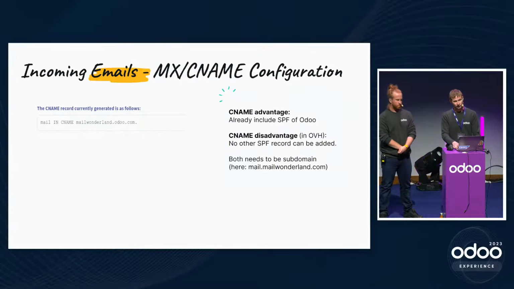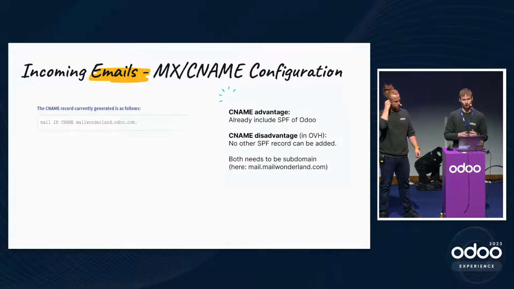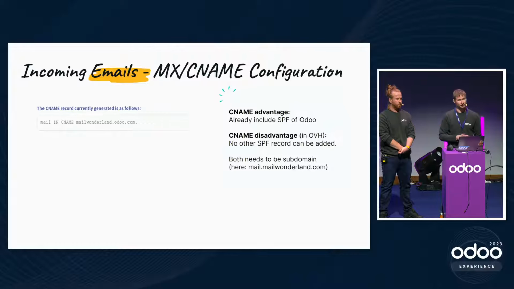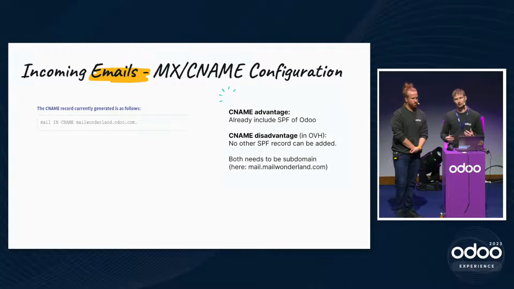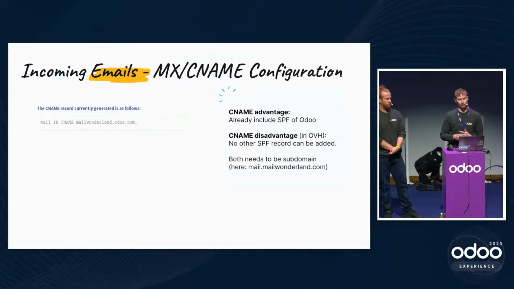The advantage of the CNAME, as I said, we are basically copying the configuration of the DNS maywonderland.odoo.com, meaning that it already includes the SPF of Odoo. So you don't have to add this record by yourself in your DNS. On the other hand, the disadvantage is that you won't be able to add other SPF records with the CNAME configuration.